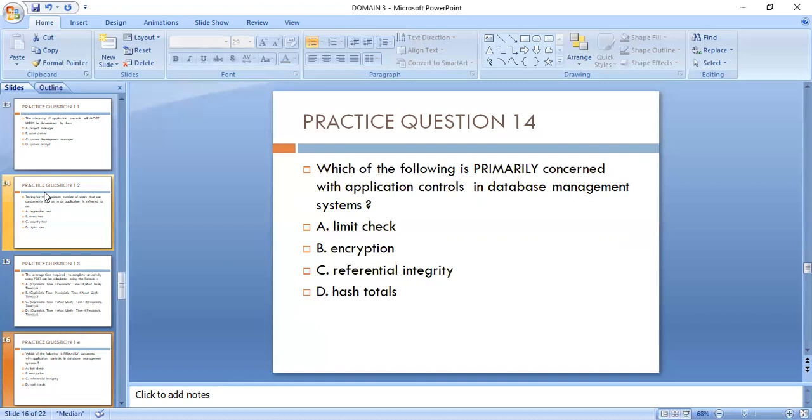Encryption is used to provide confidentiality, relevant for database, relevant for servers, relevant for application. Hash total is also used as a form of check in processing. For example, you want to do conversion during migration.